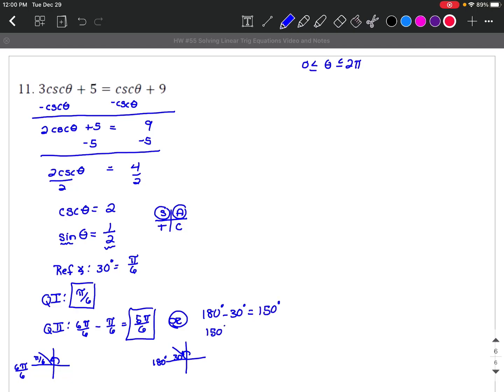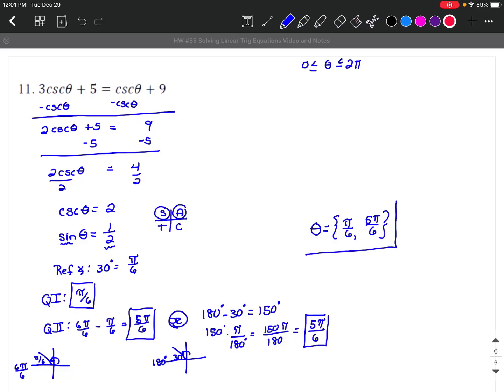And then 150 degrees times pi over 180 degrees. So 30 goes into 150 5 times, and 30 goes into 180 6 times, and we get the same answer. So now we know theta can either be pi over 6 or 5 pi over 6.